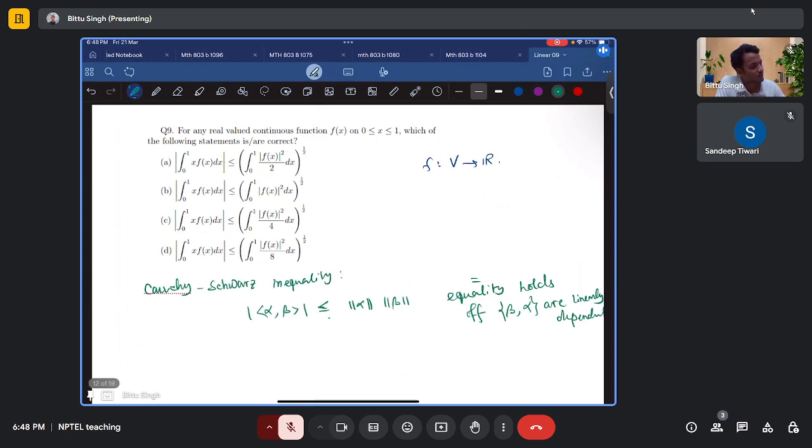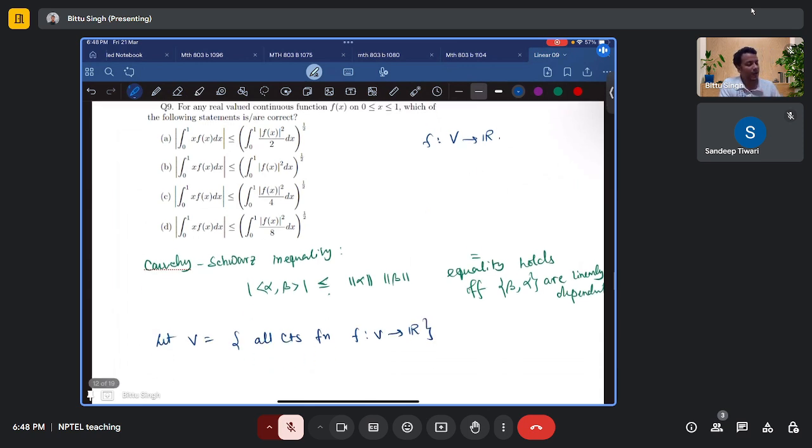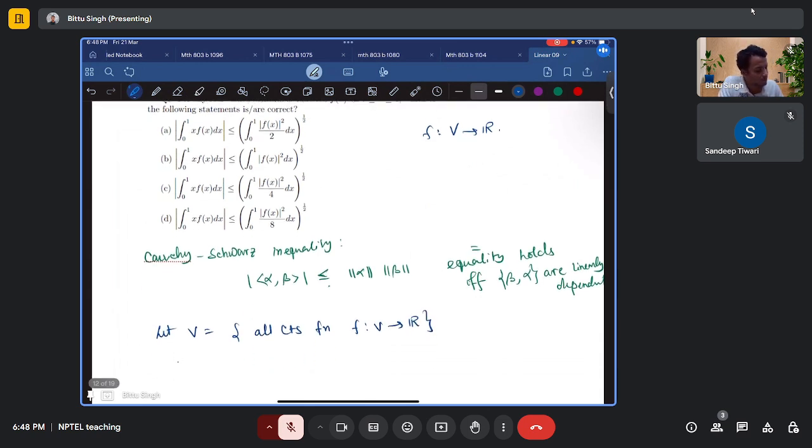So first let us define an inner product. Consider the vector space. Let V be the vector space of all continuous functions f from [0,1] to R. We can define an inner product in this space.